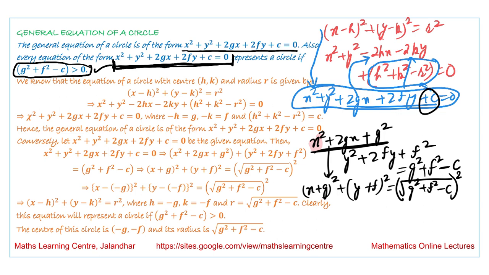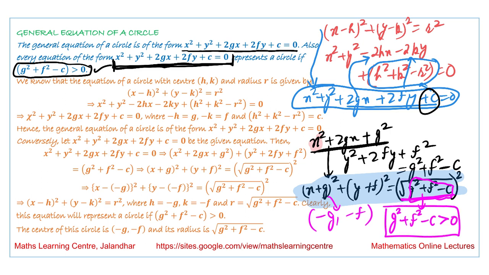Now this equation comes in the standard form, and it will represent a circle with center (−g, −f), if this radius term is real, that is, the value of the radius should be greater than 0. It means that the part inside the square root, g² + f² − c, should be greater than 0.